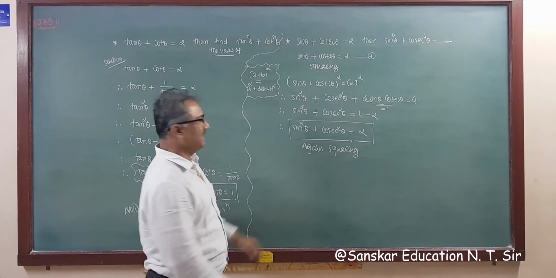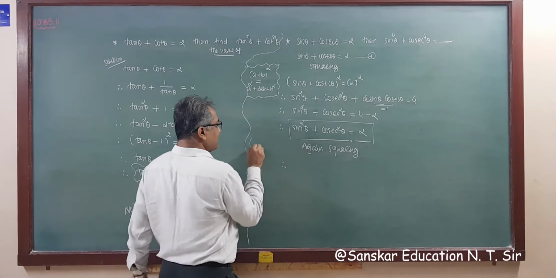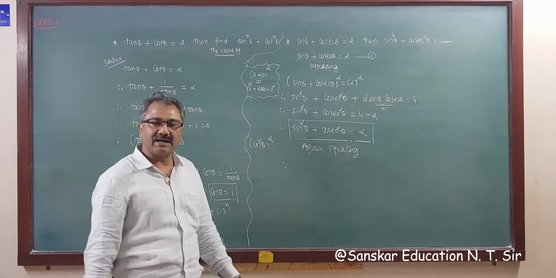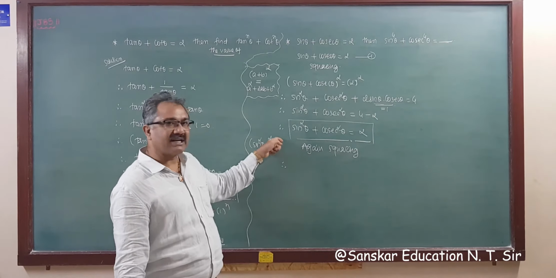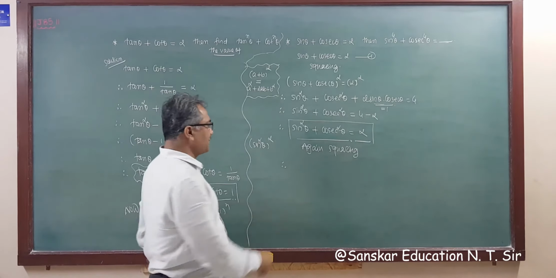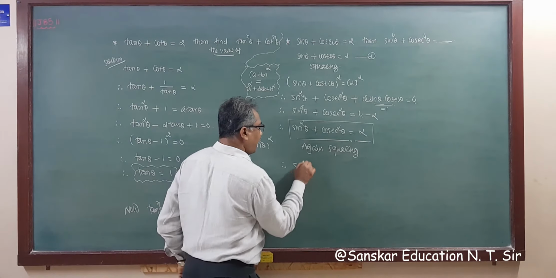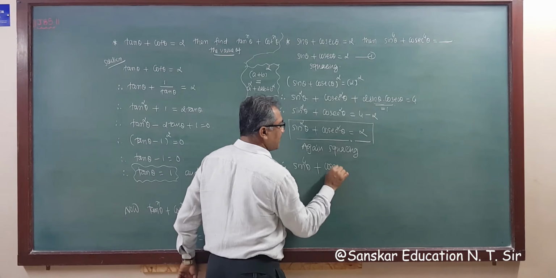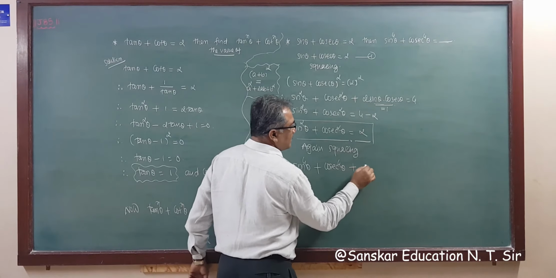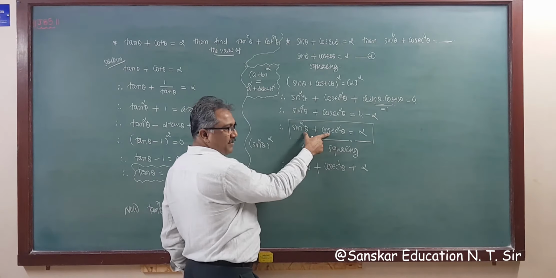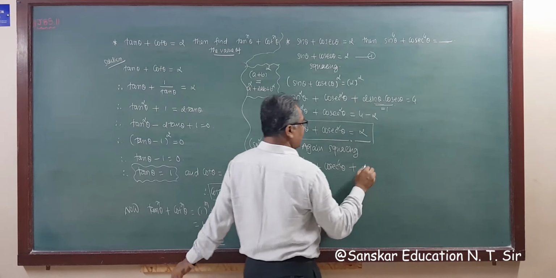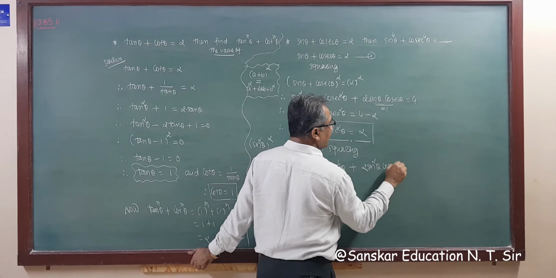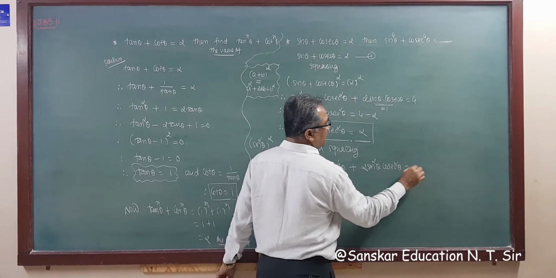The square of this is sin raised to 4 theta, because this is sin square theta whole square, that is square of square, 2 into 2, 4. So this is sin raised to 4 theta plus last term square, that is cosec raised to 4 theta, plus 2 times AB, first term into last term, that is sin square theta cosec square theta, is equal to the square of 2, again 4.